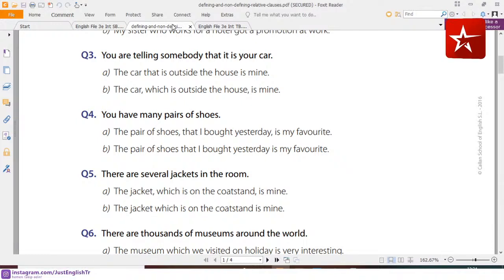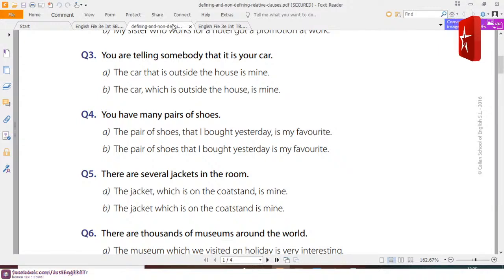That's why question number 4 is B. The pair of shoes that I bought yesterday is my favorite. Question number 4, the correct answer is B.